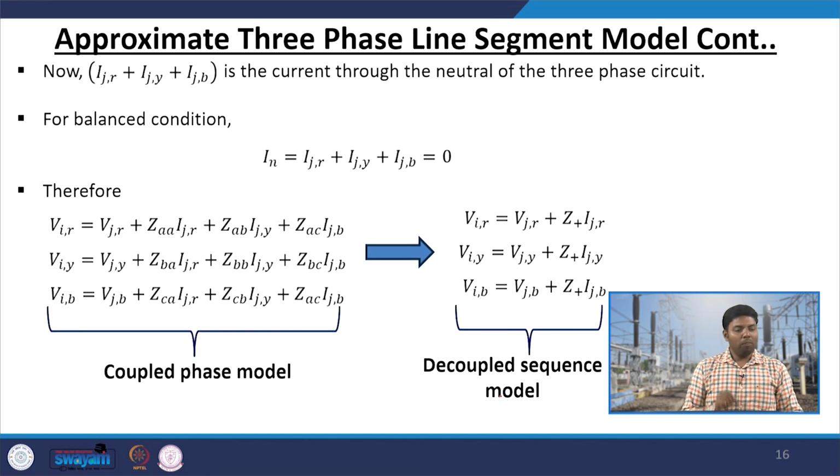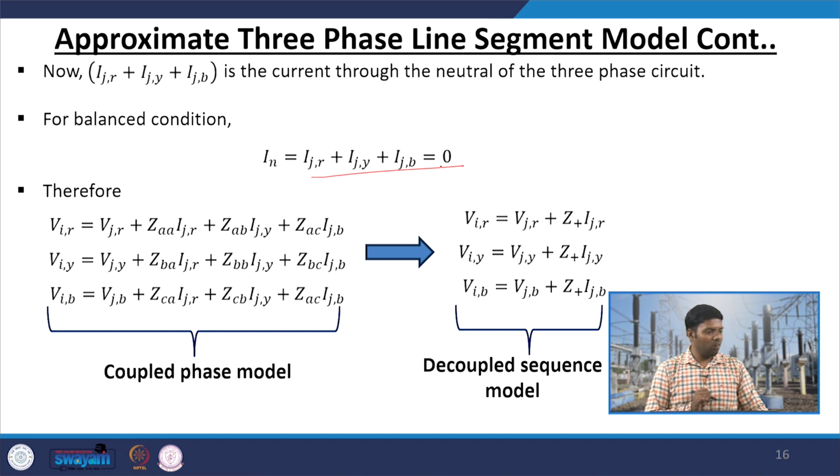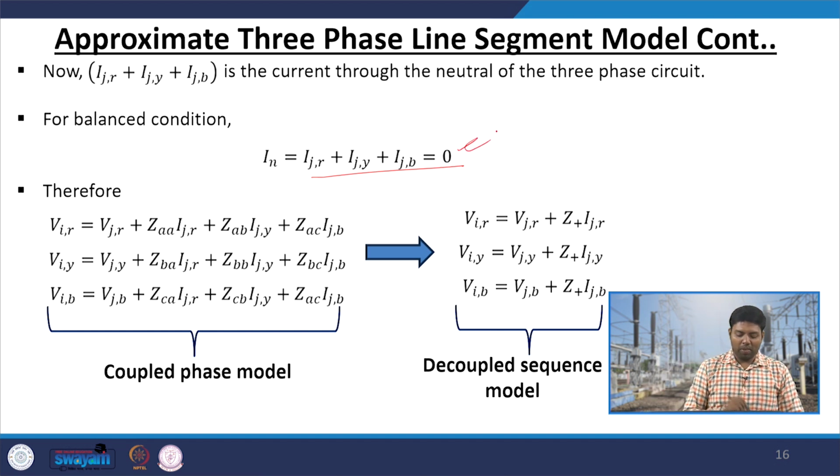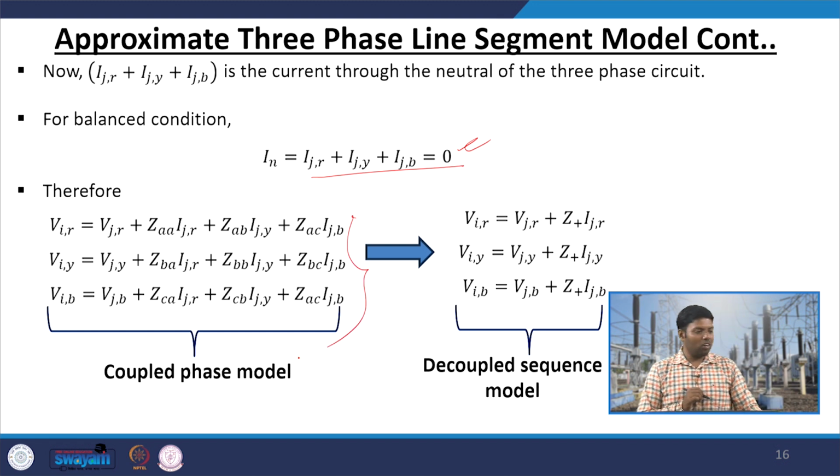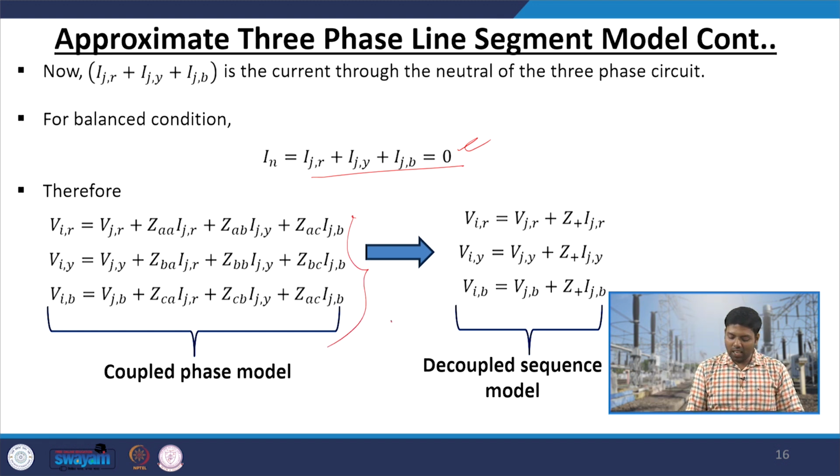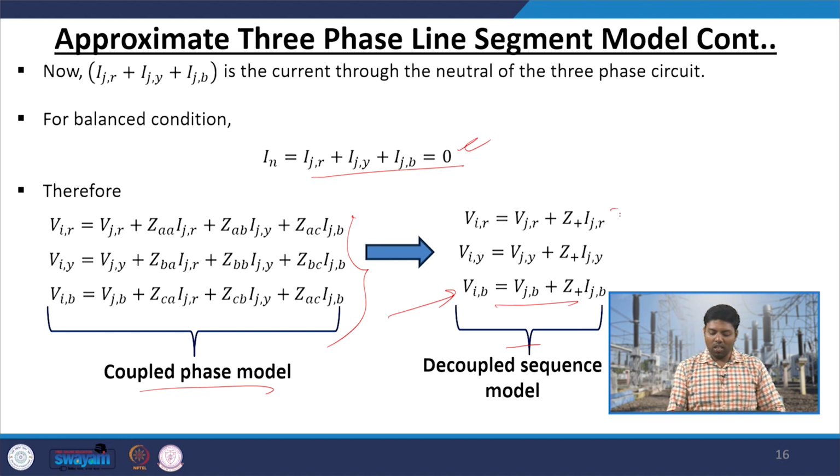Now, for balanced condition, obviously this neutral current is 0. Okay. So, if you make the neutral current 0, then this complex equation we have derived for the system, a coupled phase model, can become a decoupled sequence model. This is for the balanced. If it is unbalanced, then your IN will be greater than 0, right.